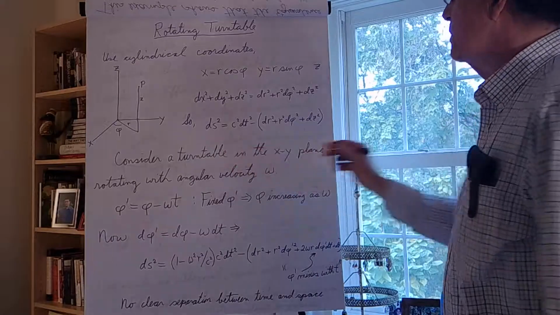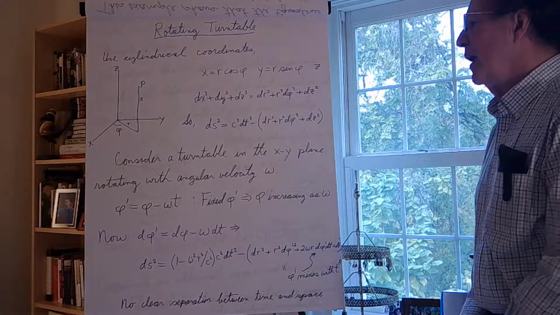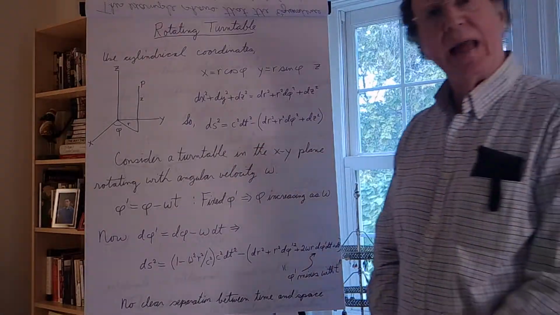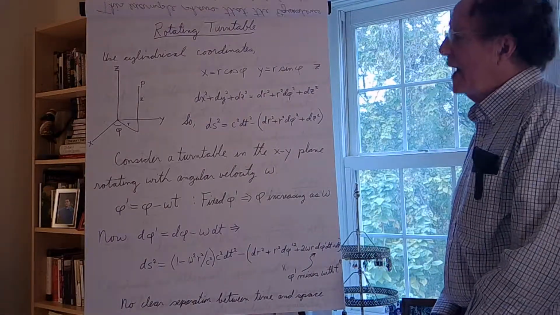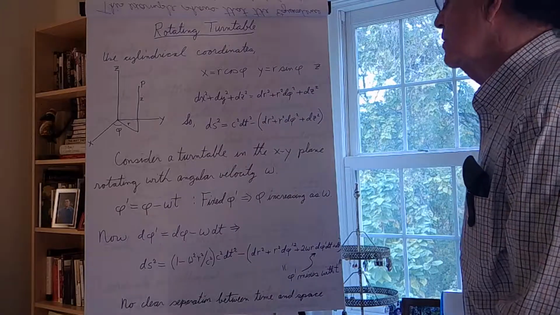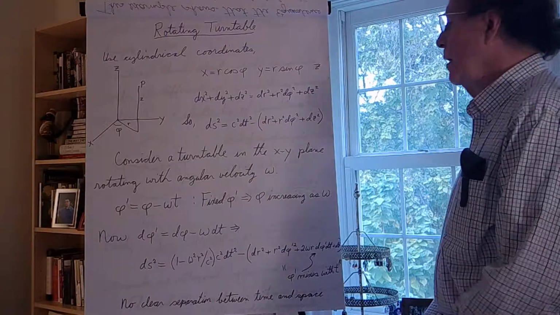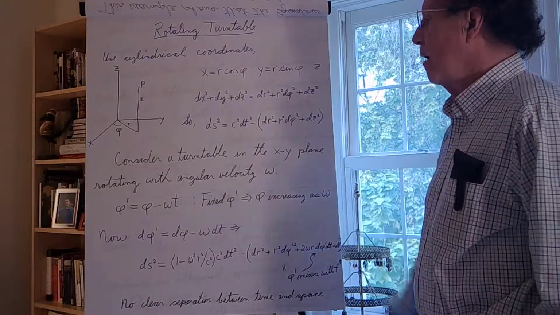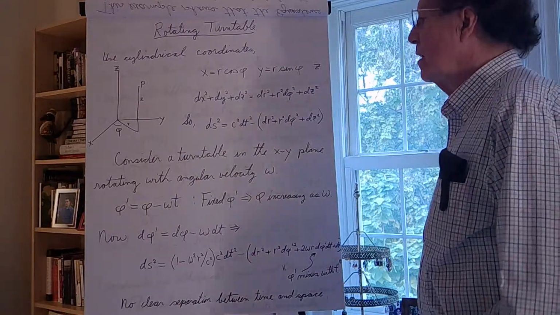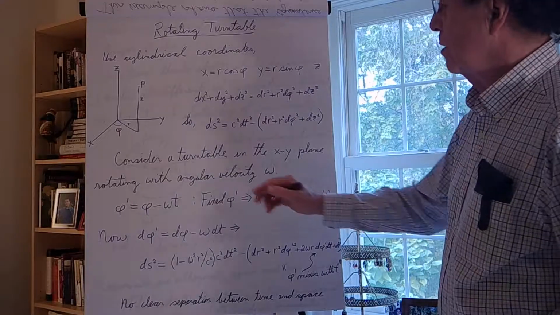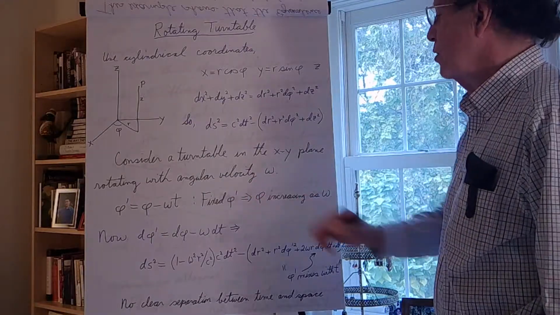Okay, so now I want to consider my turntable in the xy plane. It's rotating with a given angular velocity omega. Just like what we did in our discussion in Newton's world, we'll introduce a variable that locates the particle in the angular direction on the turntable. So I'll introduce phi prime equals phi minus omega t.